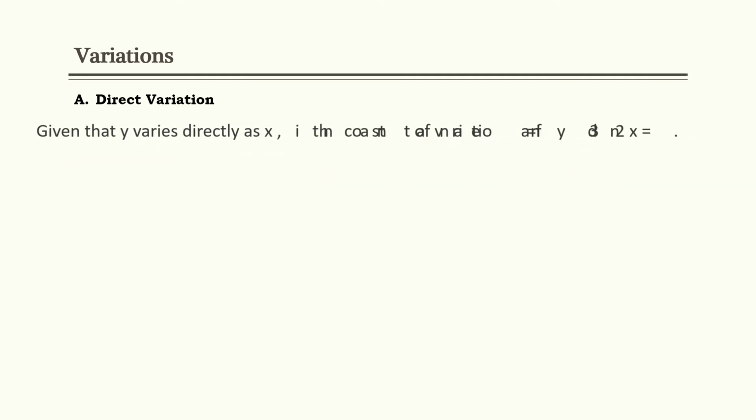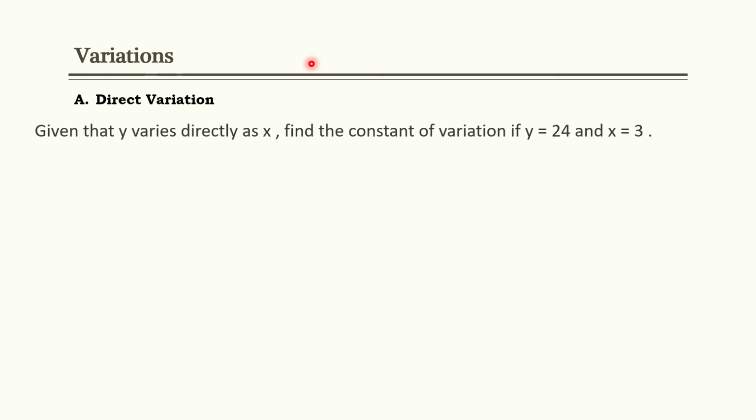The second scenario is, let's say for example, given that y varies directly as x, find the constant of variation if y is equal to 24 and x is equal to 3. So, this time, we are asked to find the constant of variation. Again, given this, we translate it into a mathematical equation.